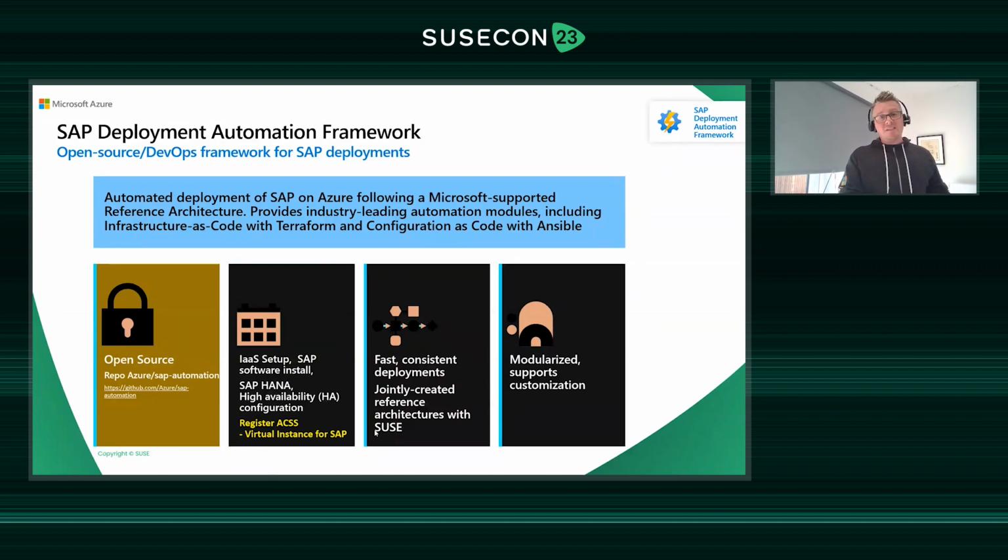There's quality increases for the deployments, no drift from best practices, quality increased by 75%. And of course, cost saving on project spend, reduced human resources and manual labor, that's about a 60% saving as well. Coke North America are one of the many customers who've experienced the great upsides from using the SAP deployment automation framework. Next slide, please.